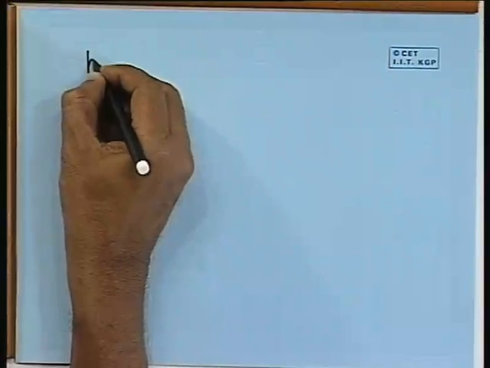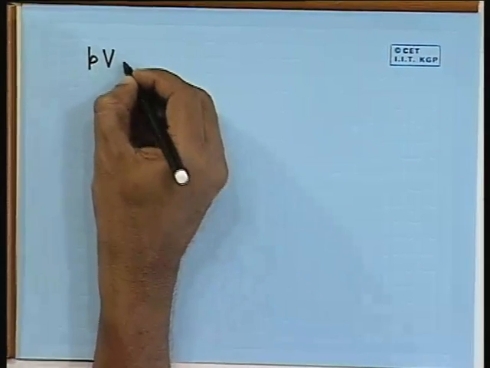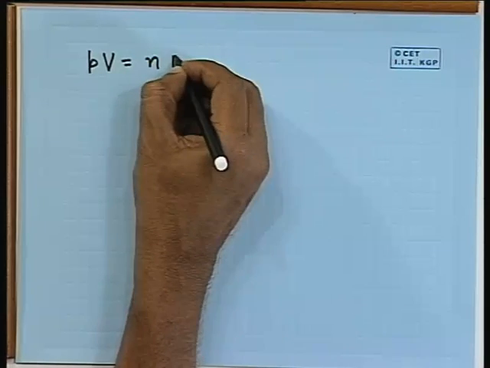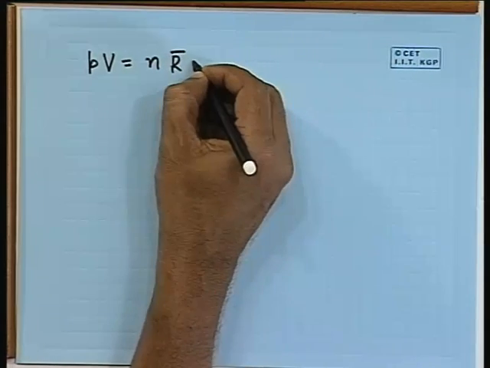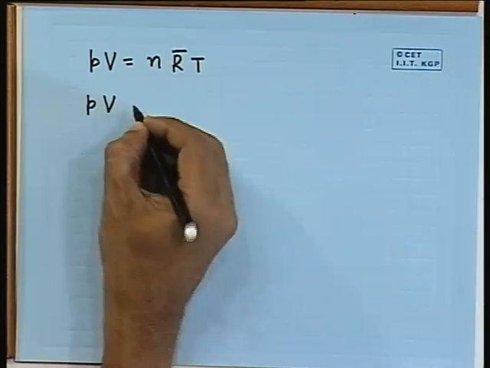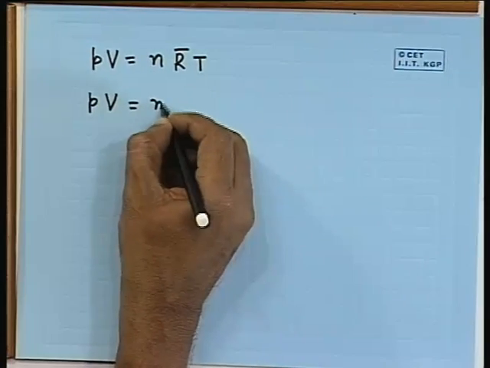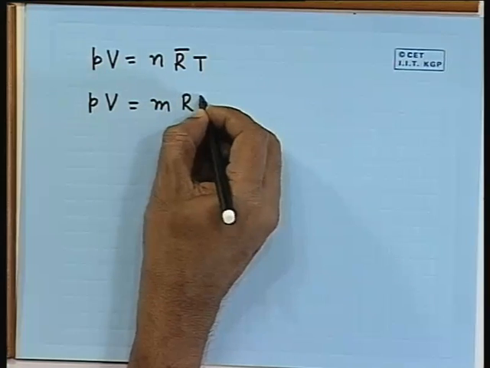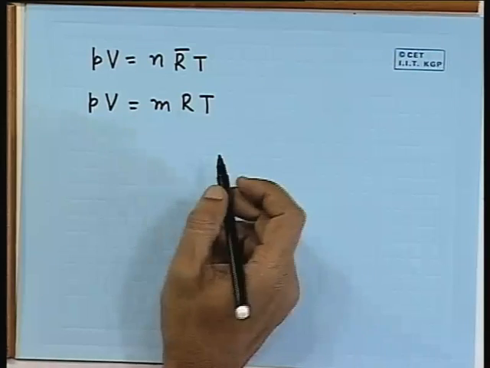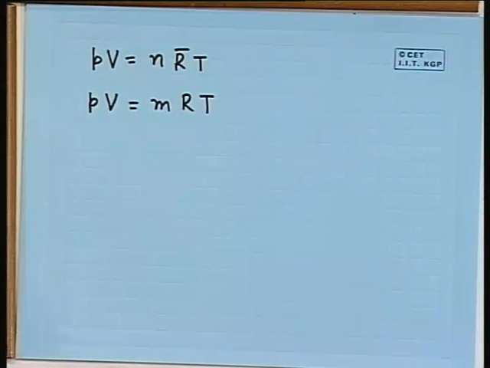Different relationships: PV is equal to nRT, or in other words we can write PV is equal to mRT, where n is equal to m by mu.